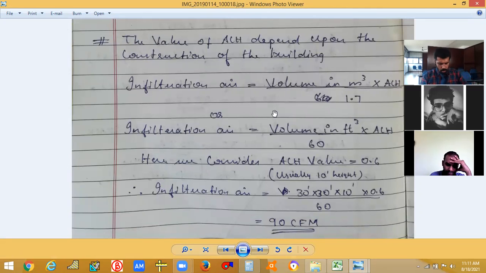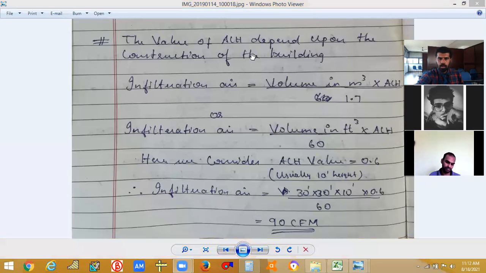So we were dealing with infiltration by the crack method and the ACH method. And comparing the crack method and the ACH method, which is the largest value? You got the highest value for the ACH method, right? So in some places when they ask for infiltration, you have to write the highest value.